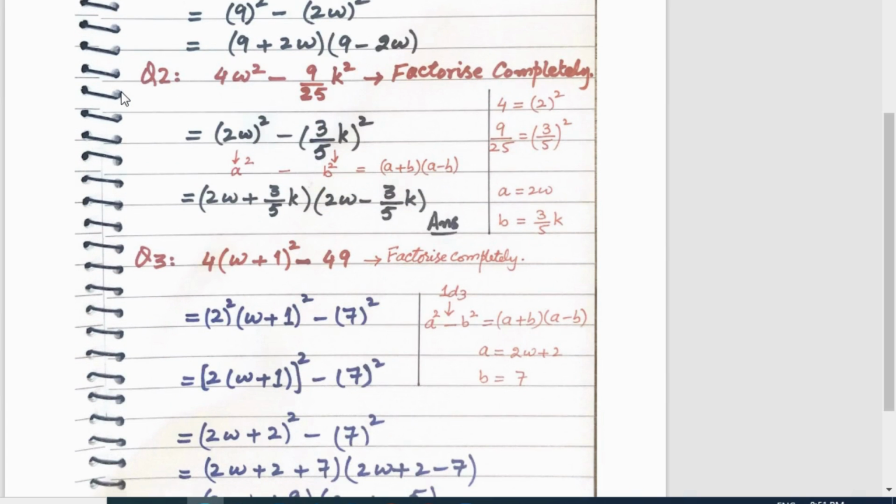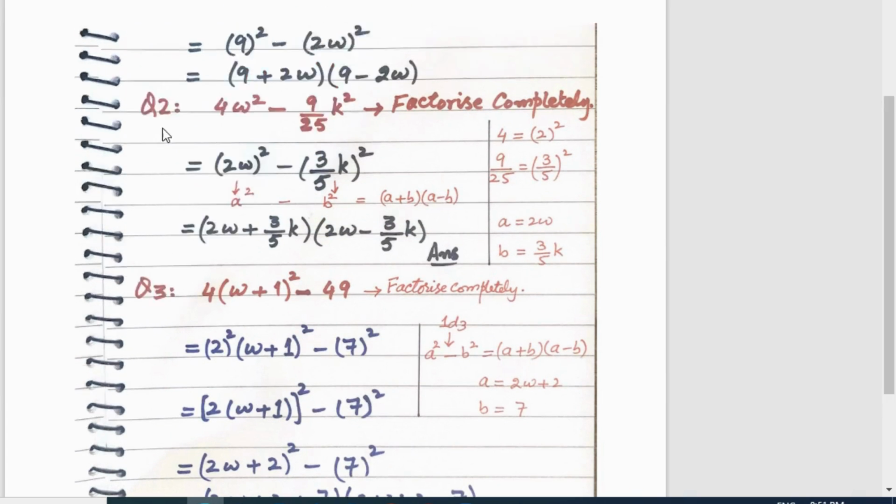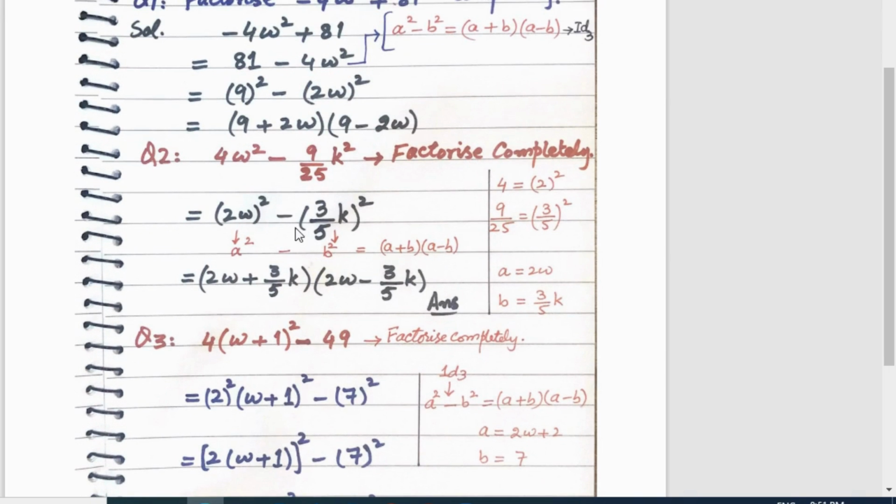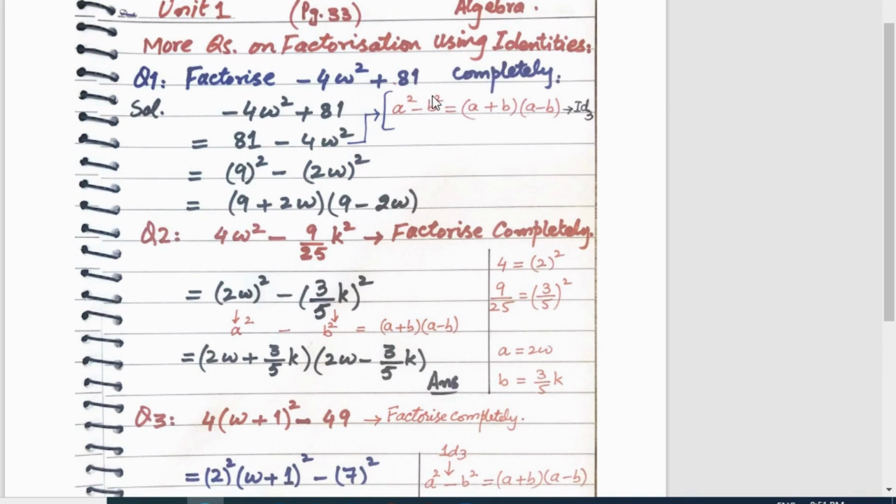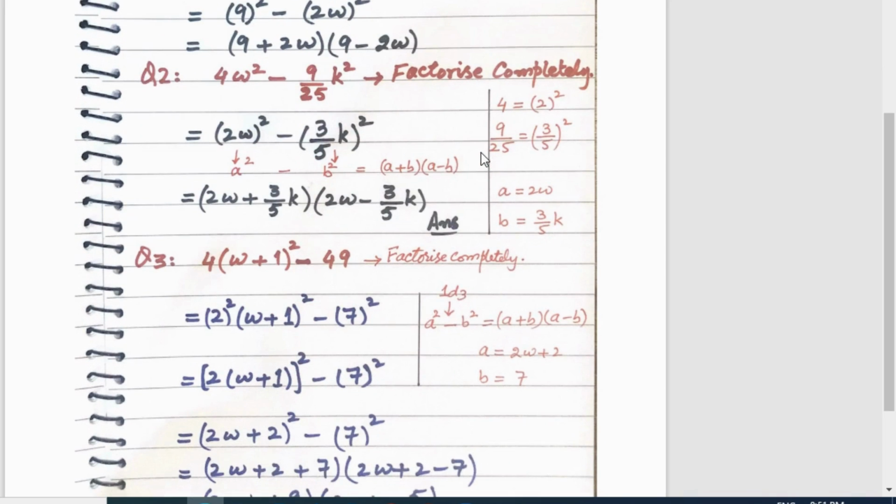Now come to question number 2. If we have squares in all these questions, we will use the reverse form of identity 3. So keep this form in your mind as I scroll my page upward. Again, in question number 2, there are two squares and a minus sign and some numbers with it.